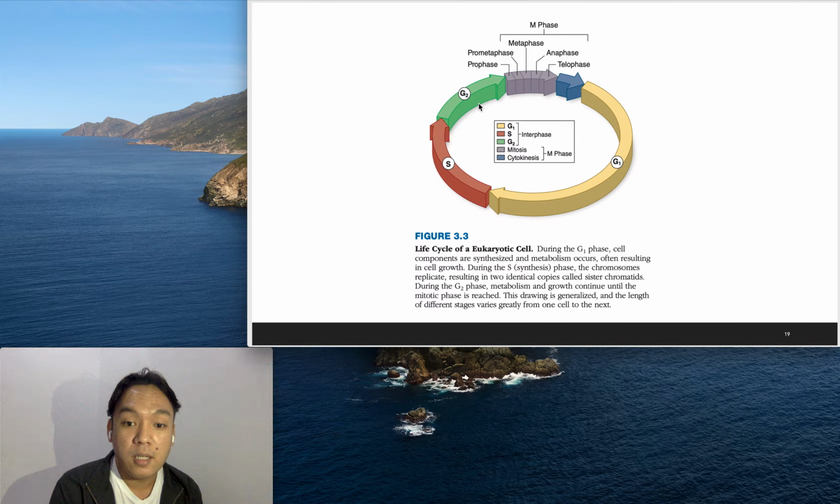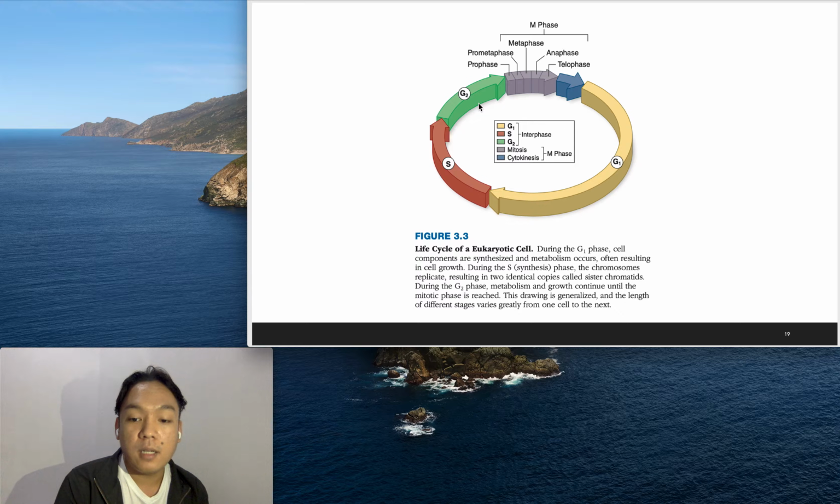Okay, so what happens, sir, if the examination will not prosper, and there are faults that are being passed within the three substages, and then it underwent the M phase?